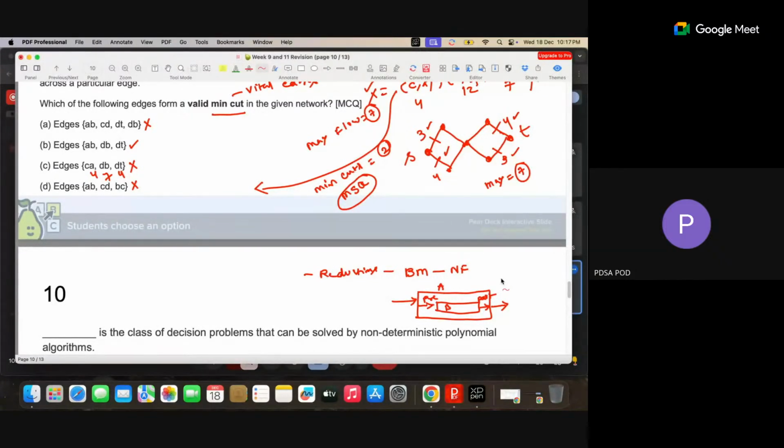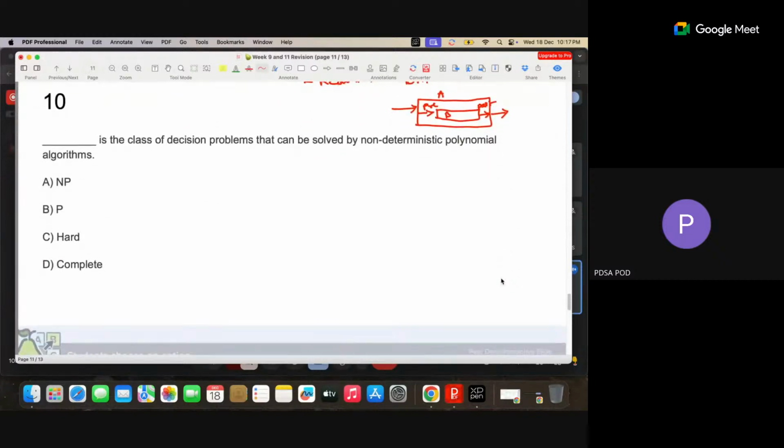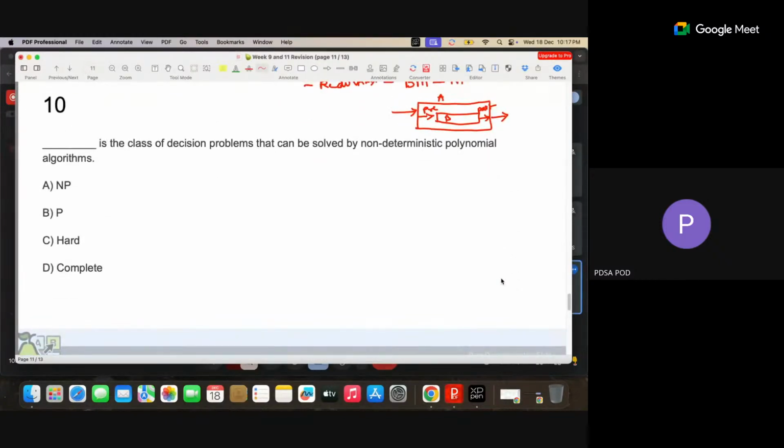Whenever they talk about reductions, they talk about how these problems are solved, as there is a classification of problems. Mostly all standard algorithms, sorting techniques, searching techniques, are P-type problems, polynomial time. The standard algorithm is provided: n log n for a sorting algorithm like merge sort, and log n for a searching algorithm like binary search.